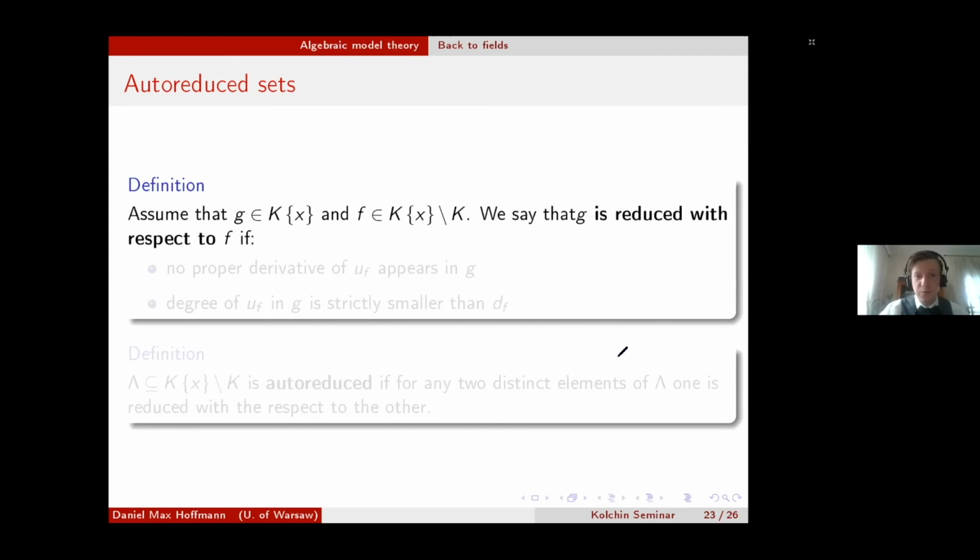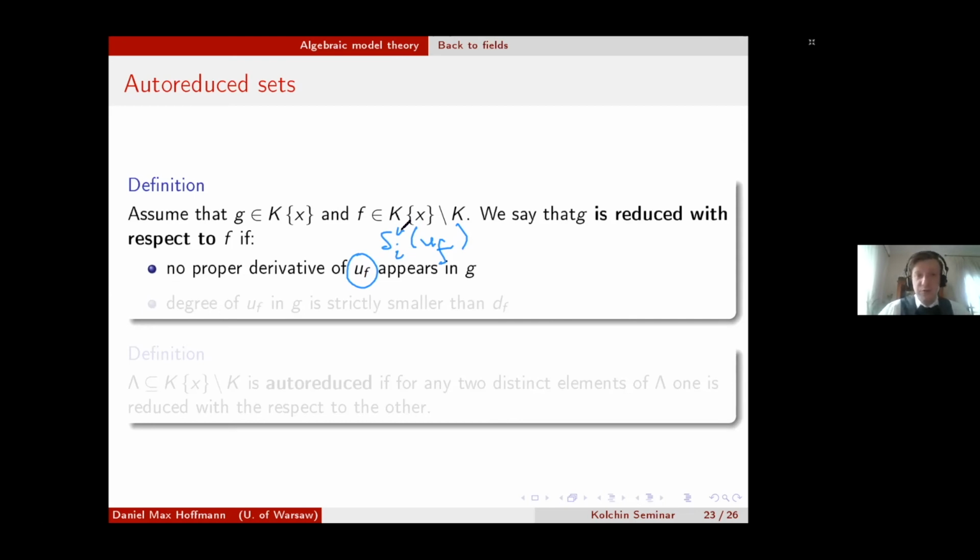So if I have two formal differential polynomials G and F, where F is not in K, we say that G is reduced with respect to F if no proper derivative of UF appears in G. So you take my leader from F and its proper derivatives, you consider this kind of stuff, and this kind of stuff doesn't appear in G. Okay, with some powers here, and also other combinations, right?